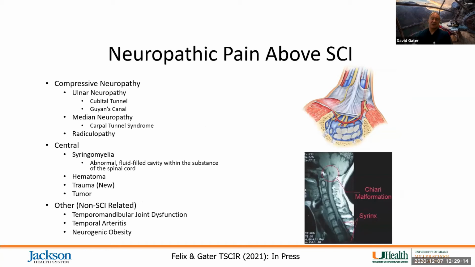Similarly, he described issues with neuropathic pain and particularly talked about cubital tunnel syndrome, ulnar compression at Guyon's canal, carpal tunnel syndrome, etc. Interestingly, Dr. Felix and I had just put together a paper that is in press in Topics in Spinal Cord Injury Rehabilitation, looking at the potential contributions of adipose tissue on neuropathic pain above or below the level of the injury, recognizing that neurogenic obesity can be a contributing factor to actually accentuate neuropathic pain.